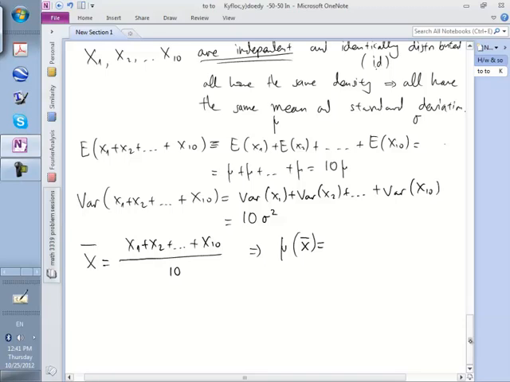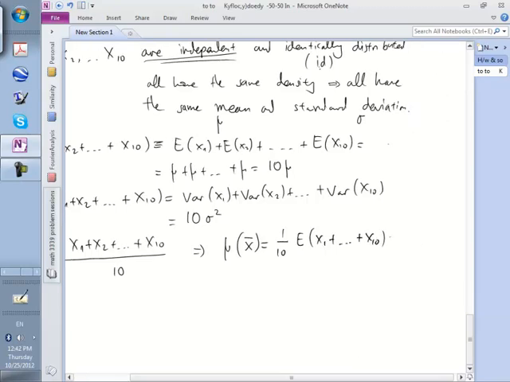Mu. 10 times mu is the expected value of the sum of all of them, divided by 10, okay? So that would be equal to mu. Let me write it explicitly. This will be 1/10 times the expected value of the sum of these 10 random variables, and of course that will give you 10 times mu, which we just calculated, divided by 10, so that gives you mu.